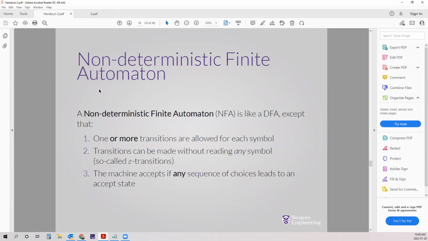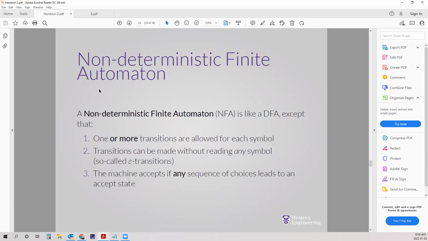So what is a non-deterministic finite automaton? A non-deterministic finite automaton, which we call an NFA, is like a DFA except for the following differences. One or more transitions are allowed for each symbol. In a DFA, with the symbol and current state, there is only one state in the computation path.